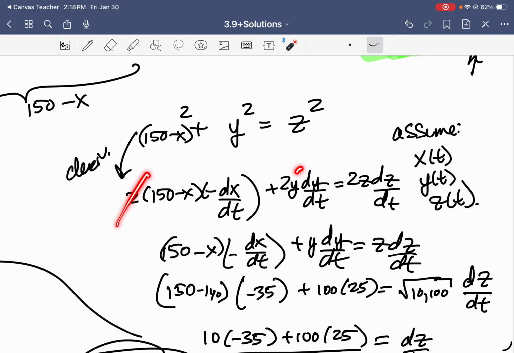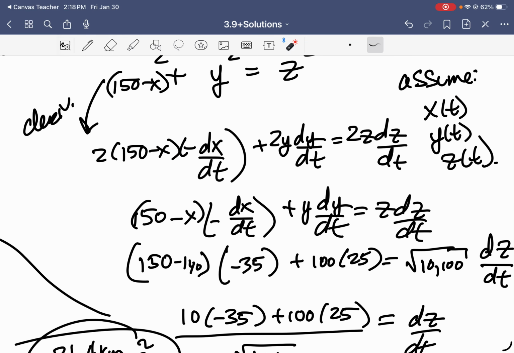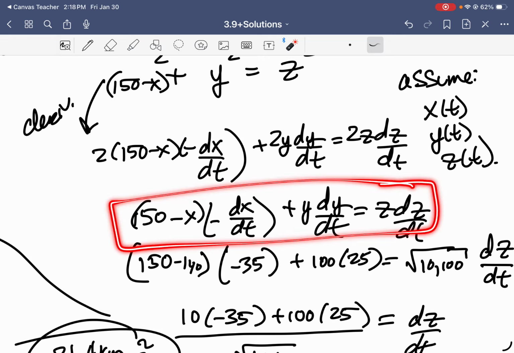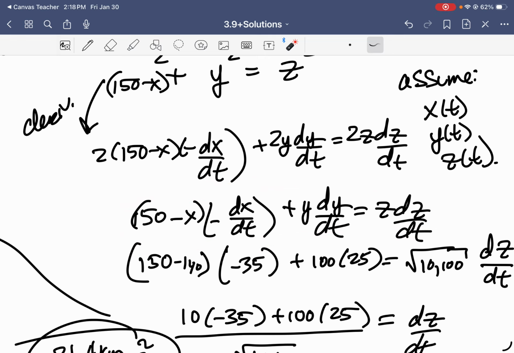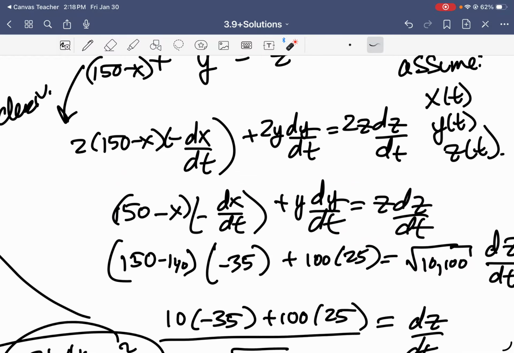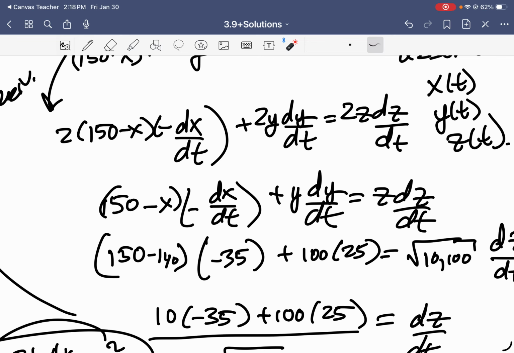I think you'll notice that the 2's cancel out nicely when we divide both sides and we get this. And now we're ready to plug in. Remember, a big problem with these is plugging in too early. Wait till the absolute last time to plug in, because as soon as you do, we get a bunch of constants.